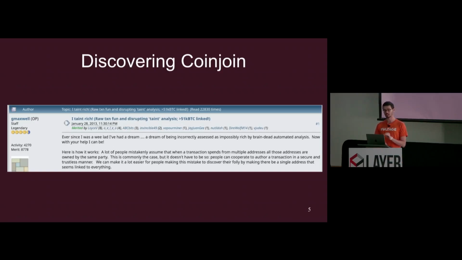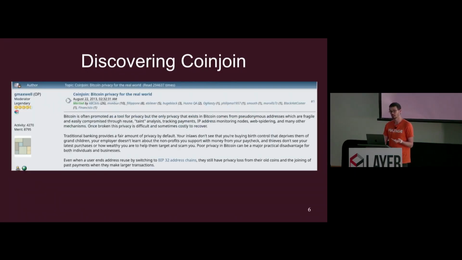We can make it a lot easier for people making this mistake, this assumption, to discover their folly by making there be a single address that seems linked to everything. And so he doesn't say it outright in this post, but he basically discovered Coinjoin. Later, he goes on to formalize this in another post and actually creates and coins it, Coinjoin.